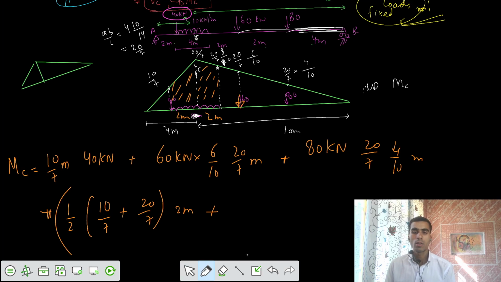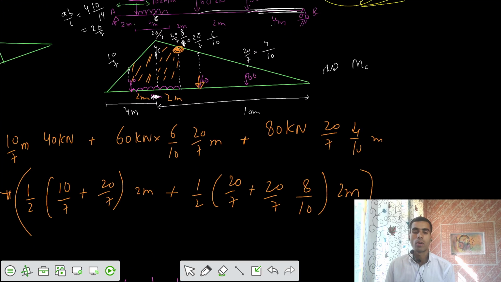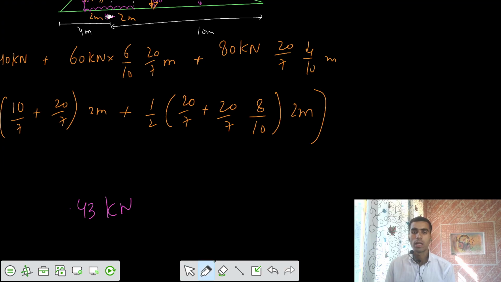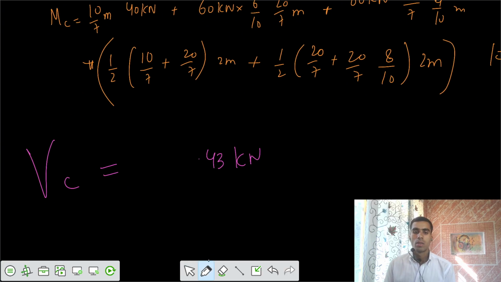As the loading is the same, we can keep that common. 1 by 2, then 20 by 7, then this ordinate of 20 by 7 for the length of 8 by 10, and we have to multiply that by 2 meter. After that, for the entire thing, we multiply by the intensity of 10 kilonewton per meter for the entire part.